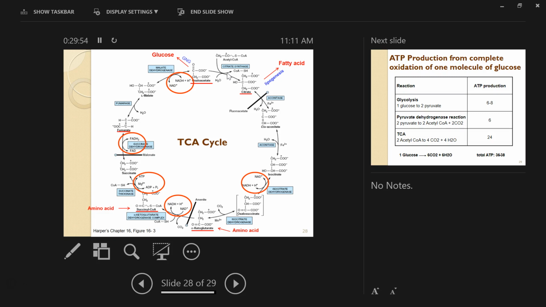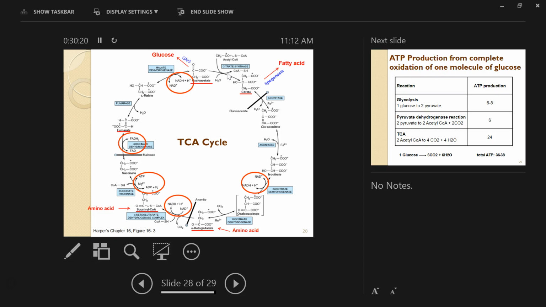And we also talked about anaplerosis and cataplerosis, right? Remember, anaplerosis is the pathway that adds intermediates to the TCA cycle. For example, glutamine can be metabolized to alpha-ketoglutarate to add into the TCA cycle.